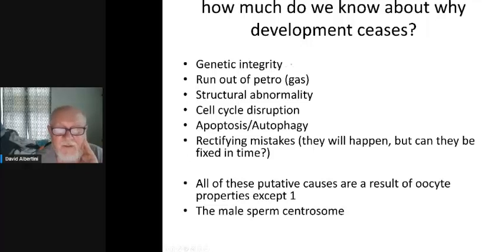So genetic integrity, as it impacts both meiotic chromosome segregation and that first mitotic division, running out of gas to drive these events. Again, the resources to support these dynamic events after fertilization are maternally derived. It does not seem that the mitochondria of the oocyte are operational at this point to the extent that they could be supporting this.